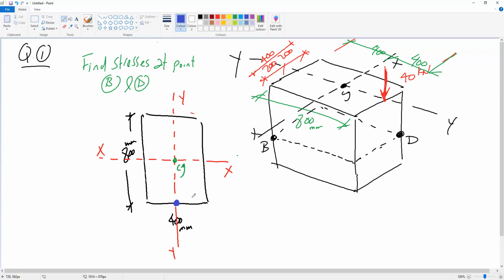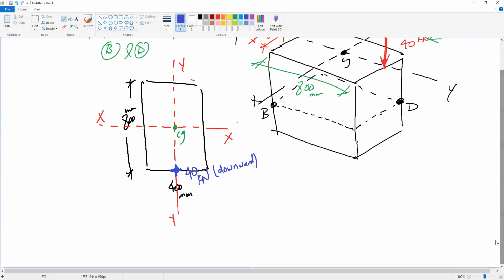And how much is the load? 40 kilonewton. I will represent this with a cross. So this means the force is perpendicular to here and going inward or downward. Okay, so this is the cross section and the loads applied.